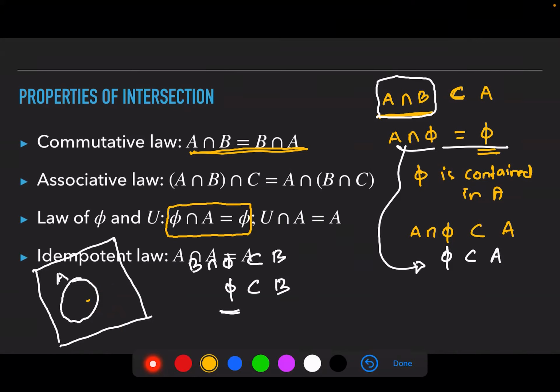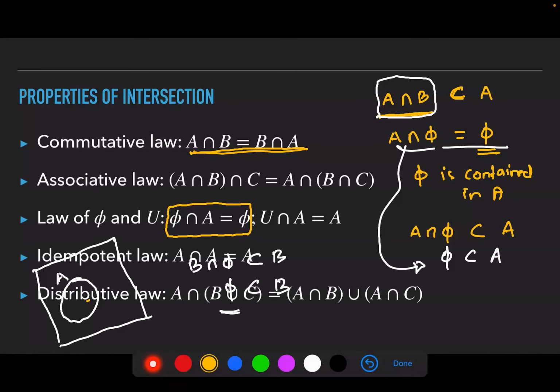You guys understand? It's like 0. 5 plus 0 is 5. So it's the same idea here, empty set. It's not exactly the same idea, but here you are treating it as some kind of empty container with no elements in it. And then it is taken to be a subset of any set. It is part of any set. You're not really looking at it, but it is there. So that is the idea.